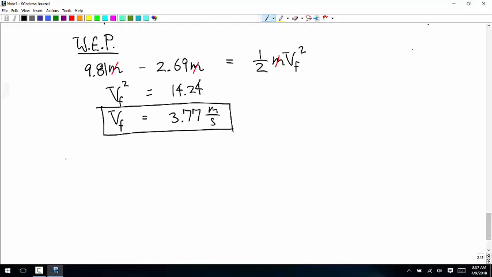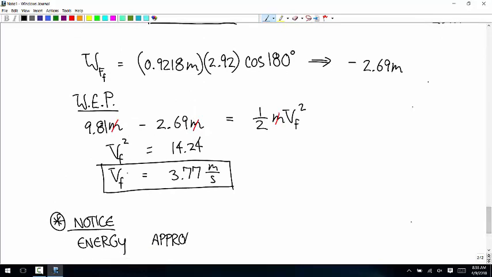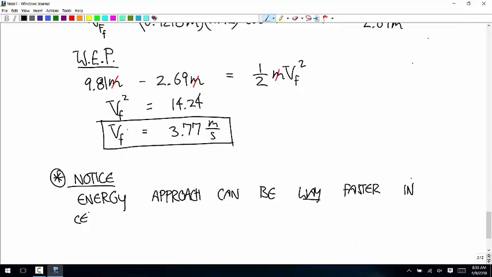So notice the energy approach can be way faster in certain problems with no friction.